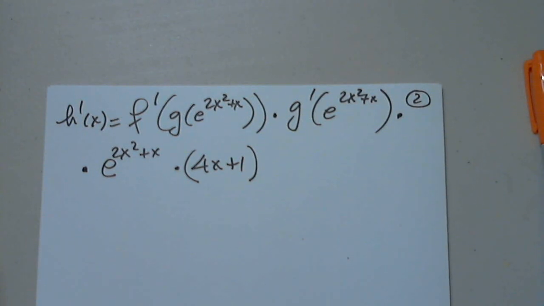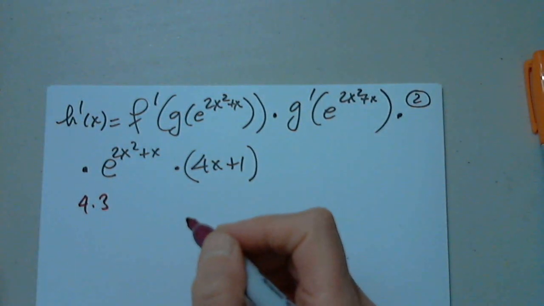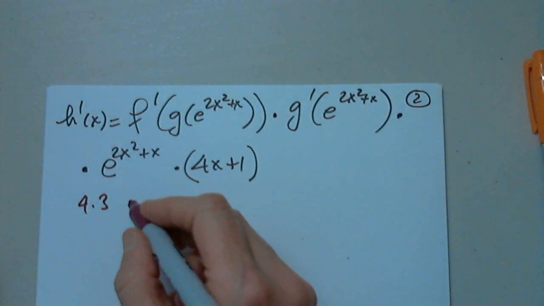Another question. In section 4.3 in the book, I was looking at the graphs. I was wondering if you could walk through it one more time, maybe 41.